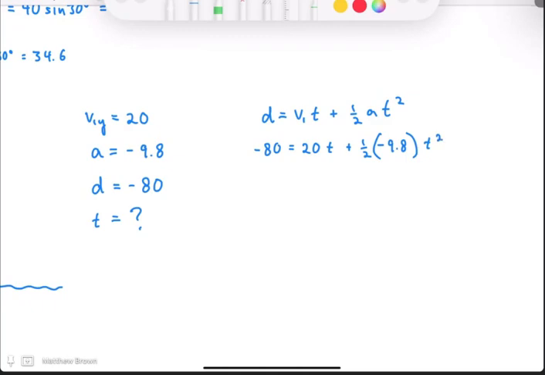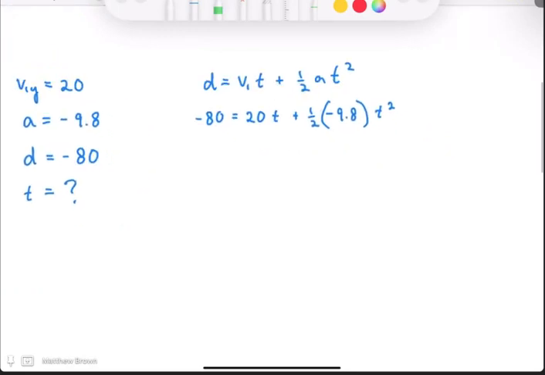And you can see now I have one equation with one unknown, time. And this will actually give me the total time to go up to its maximum height and all the way back down. Like I said, it's built right into it. I just have to actually solve this thing now.